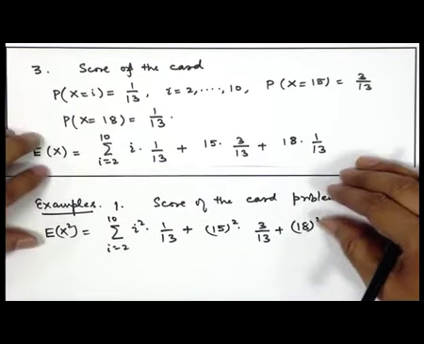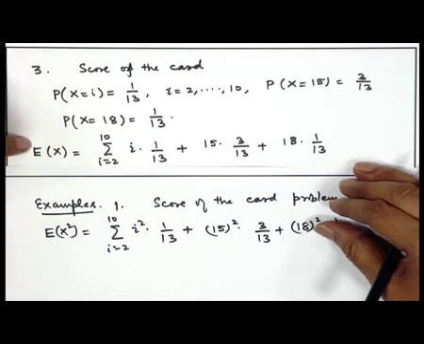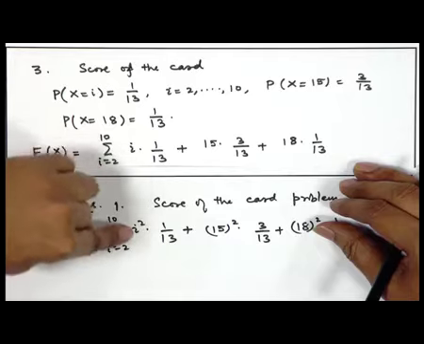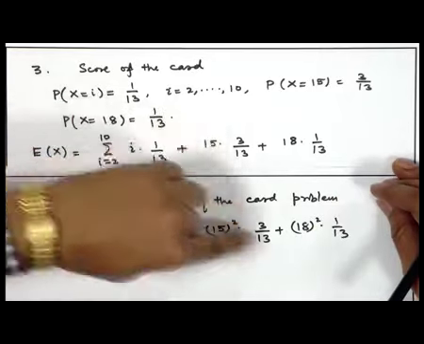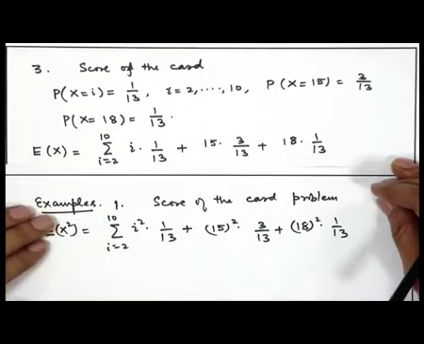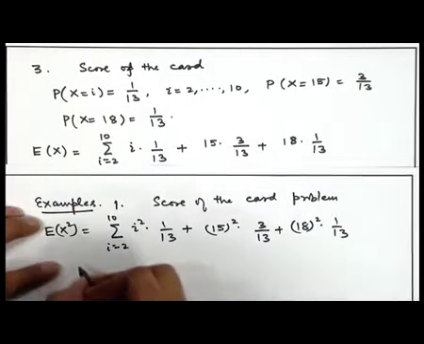You can try to compare it with the expression for expectation x. Whatever value x is there in expectation x, we are putting x square, and the pi's are the same. So this is the easy way of looking at the calculations.